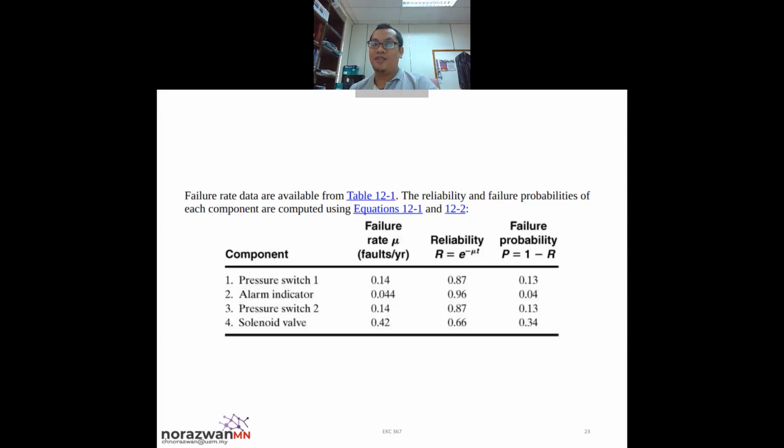Yongshi came up with R for system 1 and then R for system 2. Which one is right? Never mind, it's up to you.